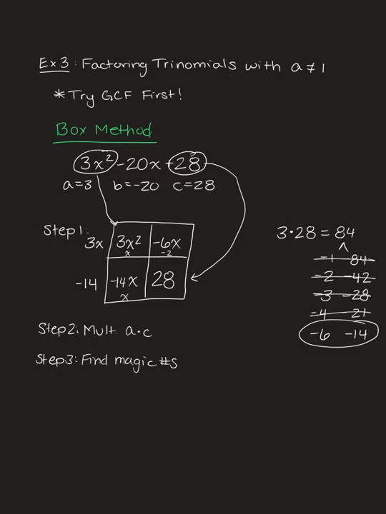If I factor a negative 14 out of 28, I'm left with negative 2. So now if you look here, you should have x's in both columns now. So you can write an x up there, and you should have a negative 2. So these right here are your factors. So you have x minus 2 and 3x minus 14.